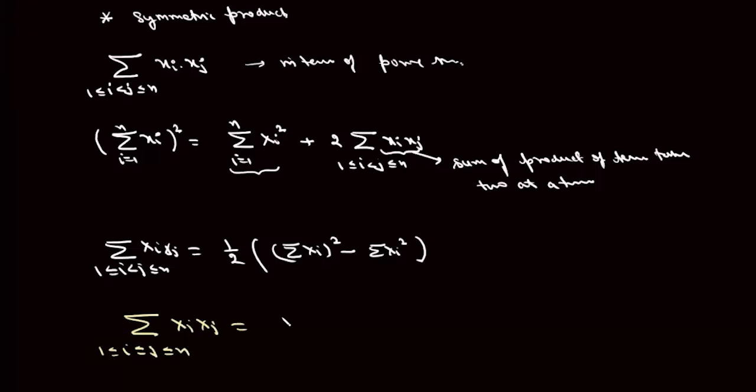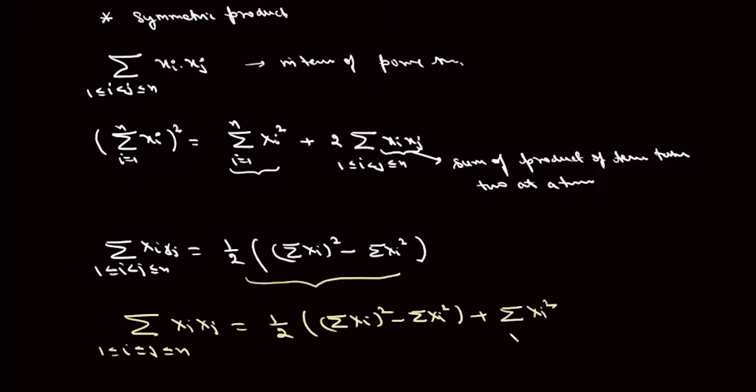So it will be this sum plus the sum of diagonal elements. So it will be 1 by 2 (sigma xi whole square minus sigma xi square) plus the sum of diagonal elements, which is simply sigma xi square. So it will be 1 by 2 (sigma xi whole square plus sigma xi square).